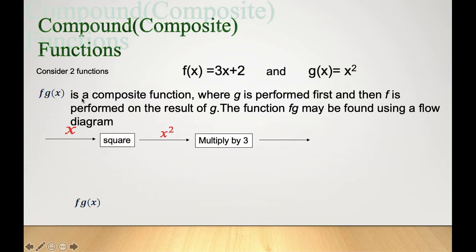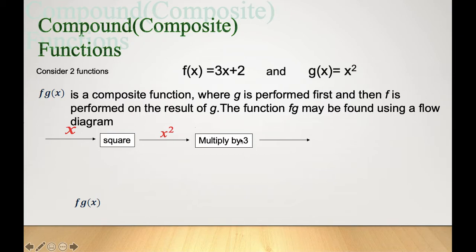I'll repeat. F of g of x is a composite function, and to evaluate it, g is performed first. G of x is equal to x squared, so you square the x to get x squared.